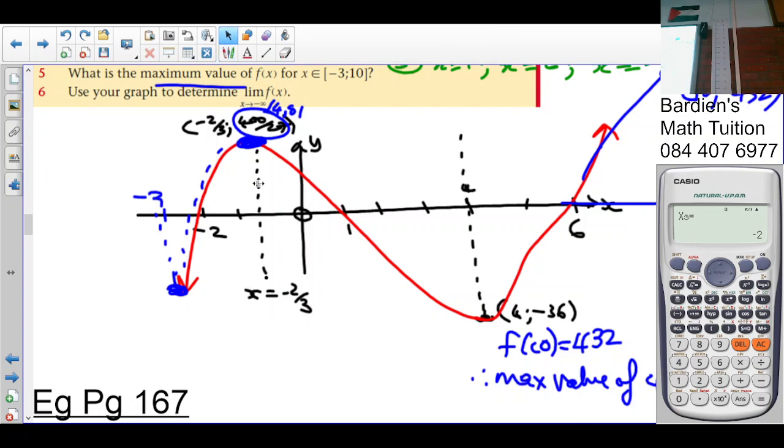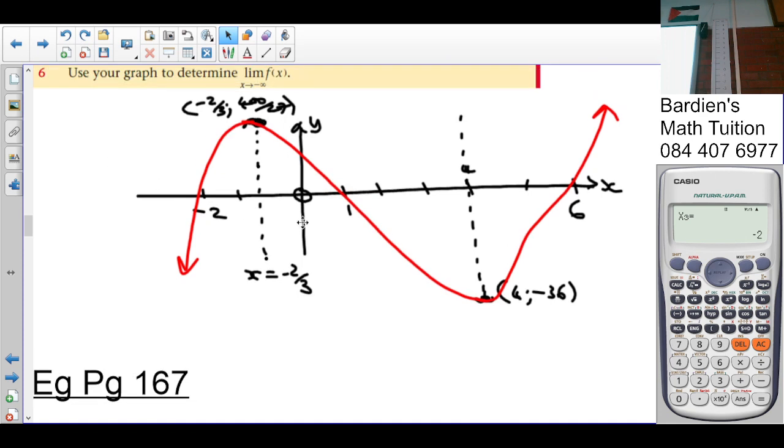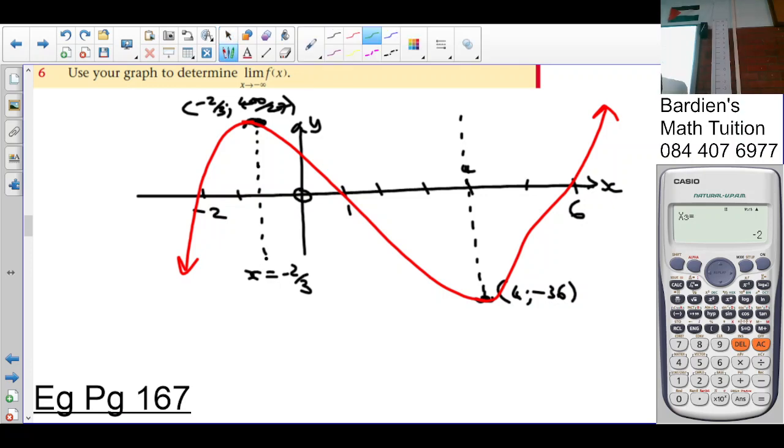Okay, so something else I need to explain, but first let's take this blue off. Number 6 is, use your graph to determine the limit of f of x as x approaches negative infinity.